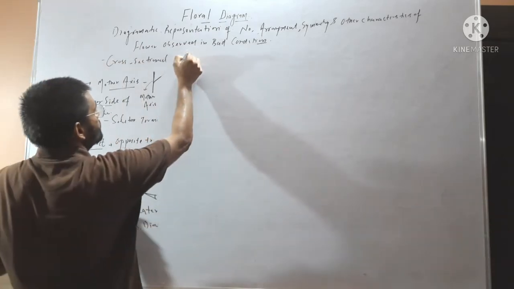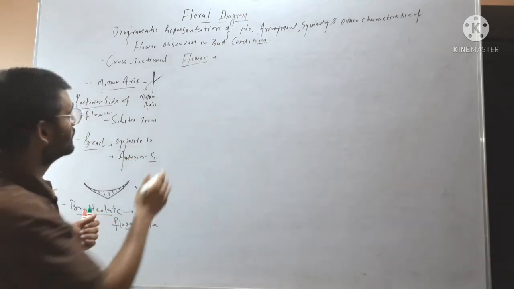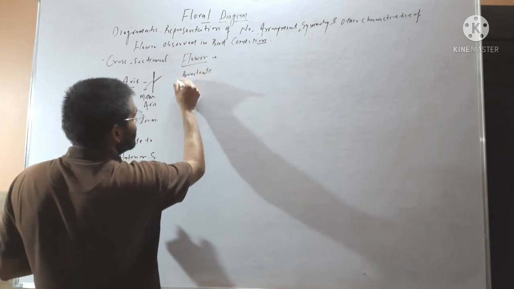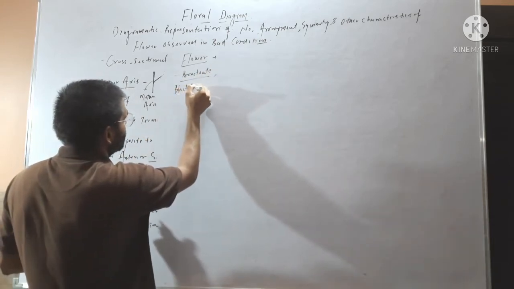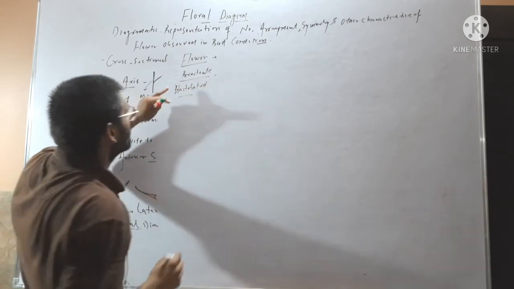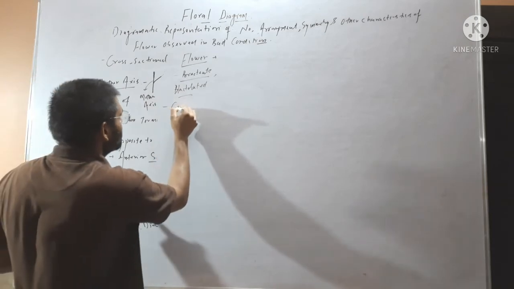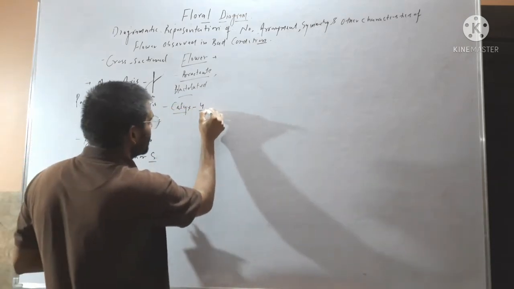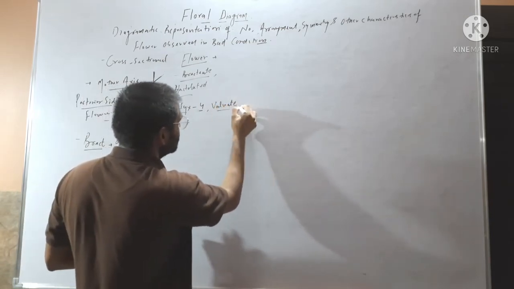Suppose this flower is bracteate, bracteolated, means bract is also there, bracteole is also there. Here, calyx, number of sepals is 4, and their estivation is valvate, and they are free.